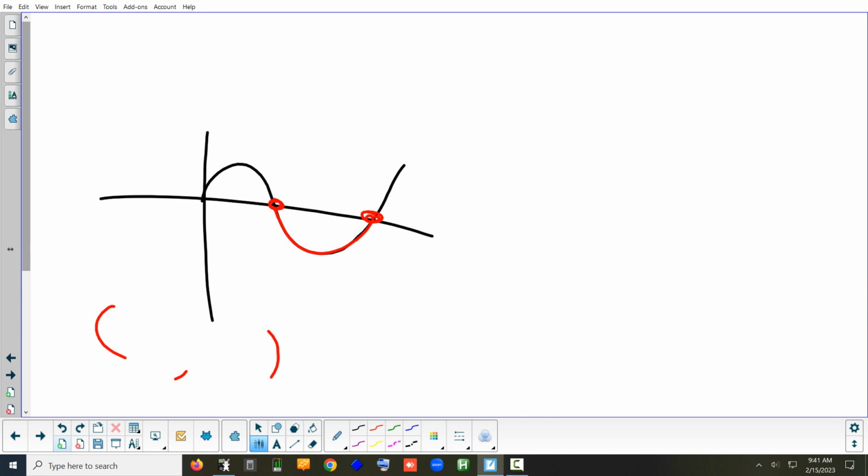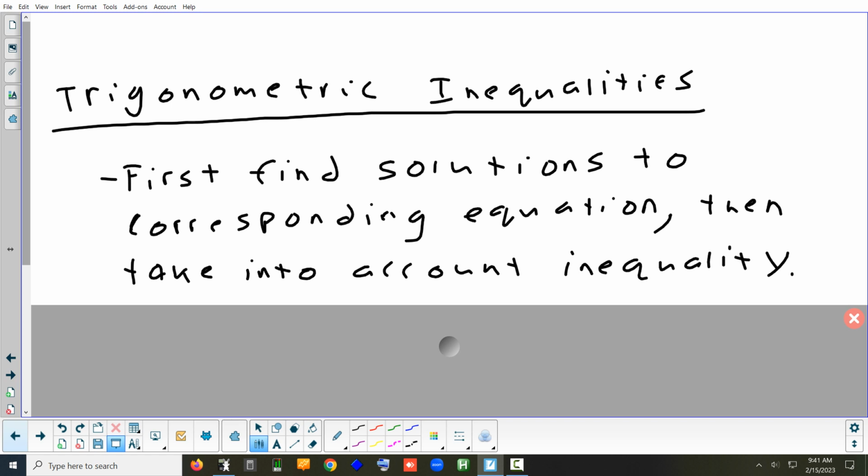So when we start solving inequalities, just keep that in mind. Your answer is going to look more like an interval. Whether it's brackets or parentheses depends on whether the problem is a less than or a less than or equal to. Can you equal the number or not? So to solve an inequality problem, you're still going to find the solutions just like it was equal to 0 instead of less than 0 or greater than 0.